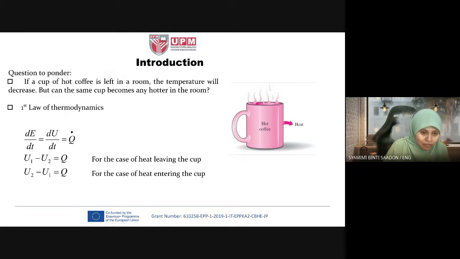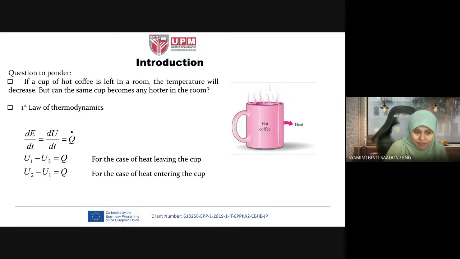Before this, we have seen the first law of thermodynamics, which says that the change of the energy is equal to the change of the internal energy, and here we only have heat energy. We don't have any work or potential energy, etc. So only heat. Q is heat.